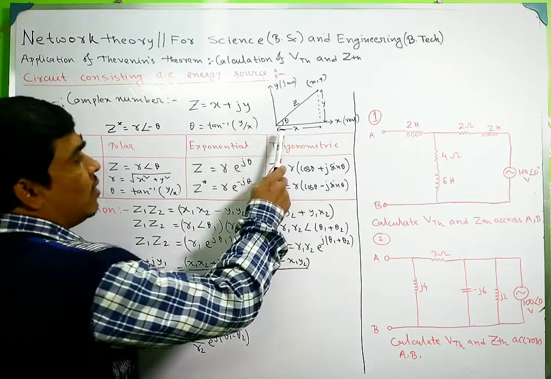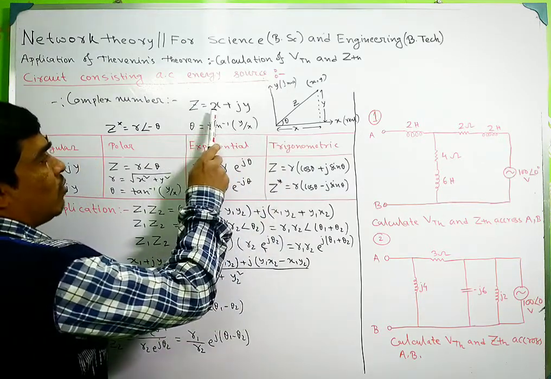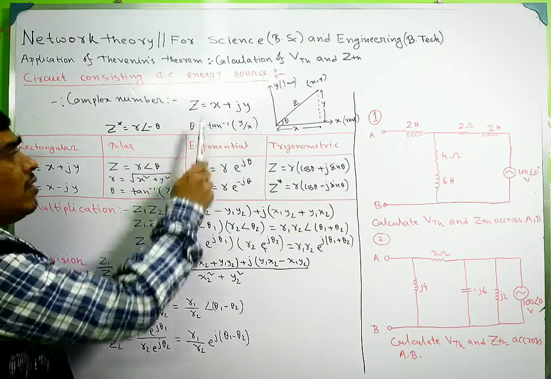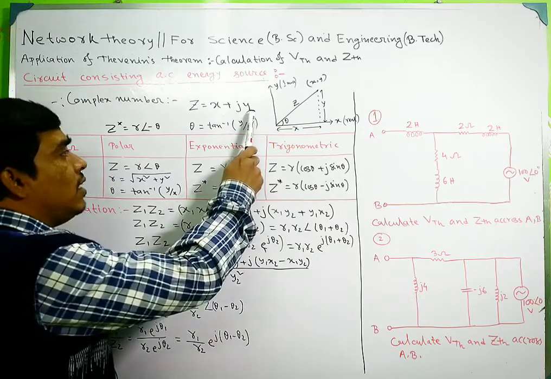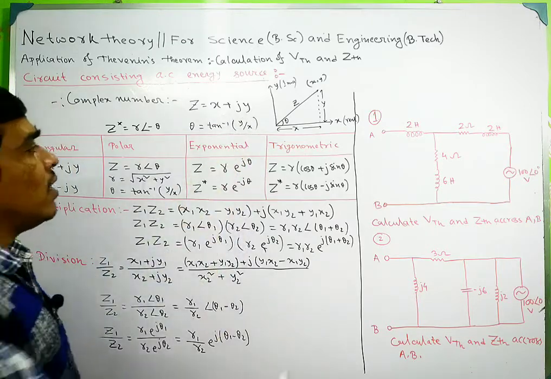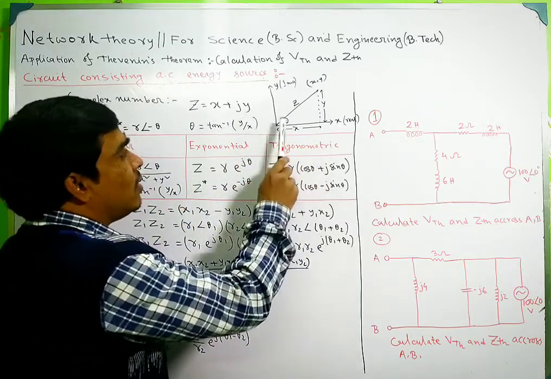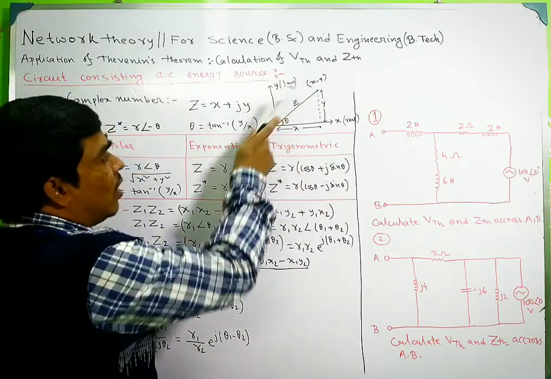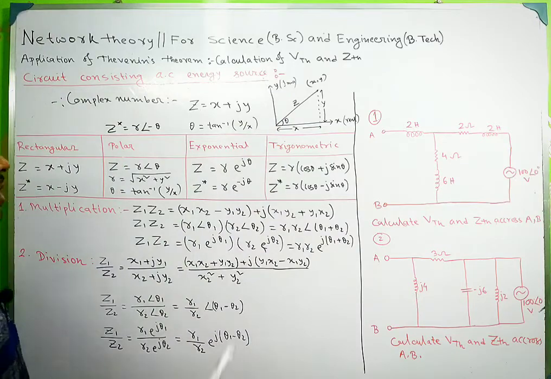If this is the complex number z equals x plus jy, where x is the real part and y is the imaginary part, and this is the real axis, this is the imaginary axis, then this is the complex number z.